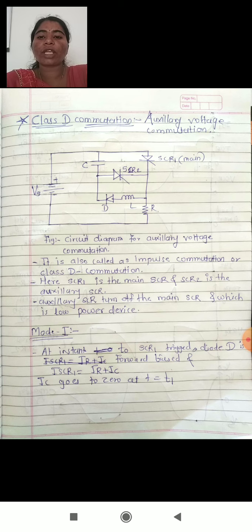At the same time the capacitor starts charging, with the upper plate positive and the lower plate negative. Since positive supply is flowing through SCR1, the diode D is also conducting. The total current flowing through SCR1 is the addition of IR, the current flowing through the load resistance, plus IC, the current flowing through the capacitance. IC goes to 0 at T equal to T1.